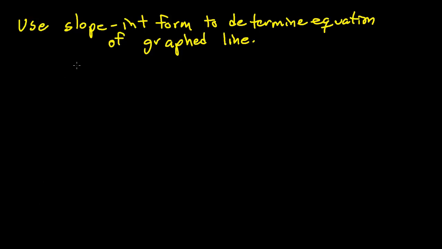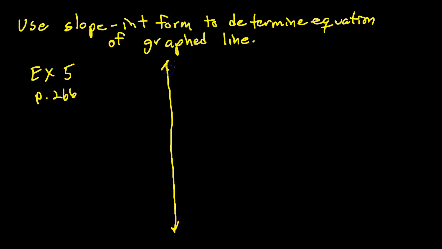All right, the book gives us a graphed line in example 5 on page 266. All right, let's go ahead and look at that line. Yeah, please turn there. The book's graph is much better than the one I can present here. I'll do my best. All right, the book gives us a kind of a downward sloping line, certainly a decreasing line.